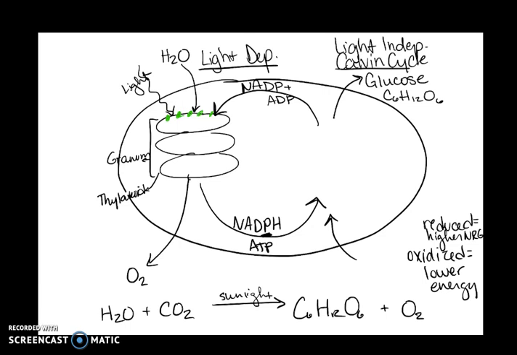Okay. So in this case, I've told you that glucose has a high energy state. Therefore, was it oxidized or reduced? If glucose has a high energy state, it must have been reduced. What compound is reduced? So we've already accounted for the H2O, the O2, the glucose.